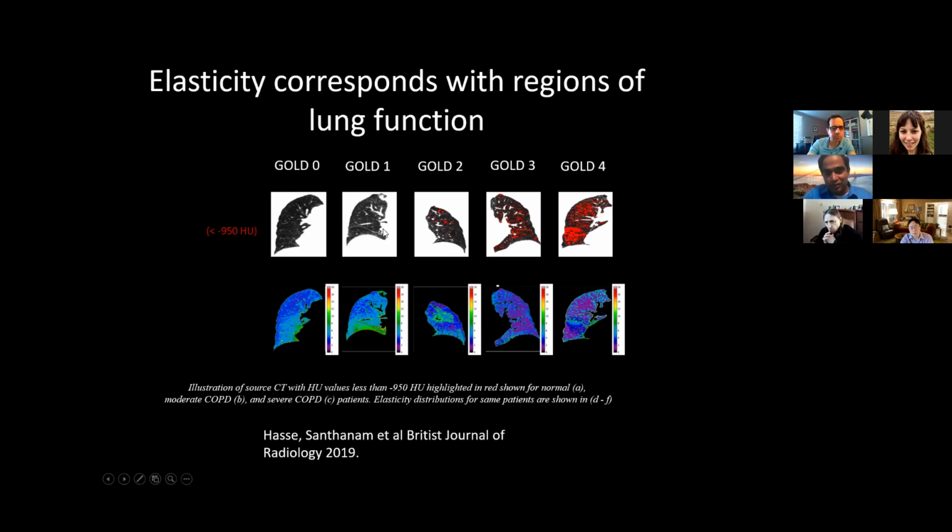For each of these standards, as we go from one end to the other, the range of elasticity values where it's just air trapped and damaged tissue starts to go higher and higher. All these are additional information that gives more detail in terms of what the patient is actually going through.